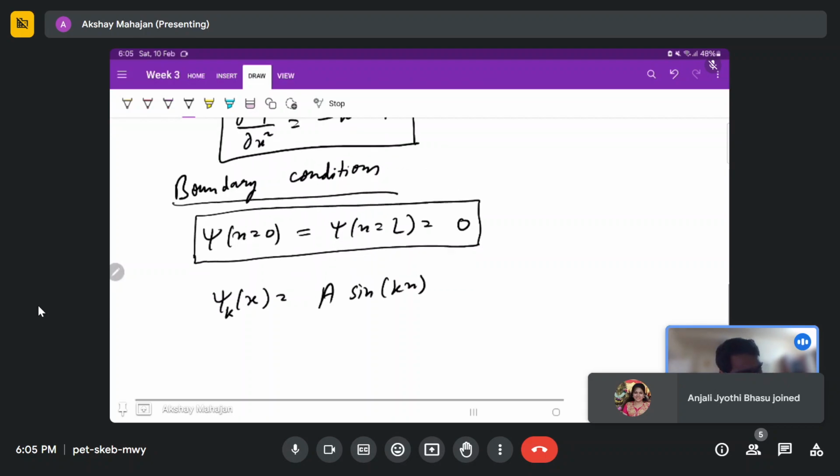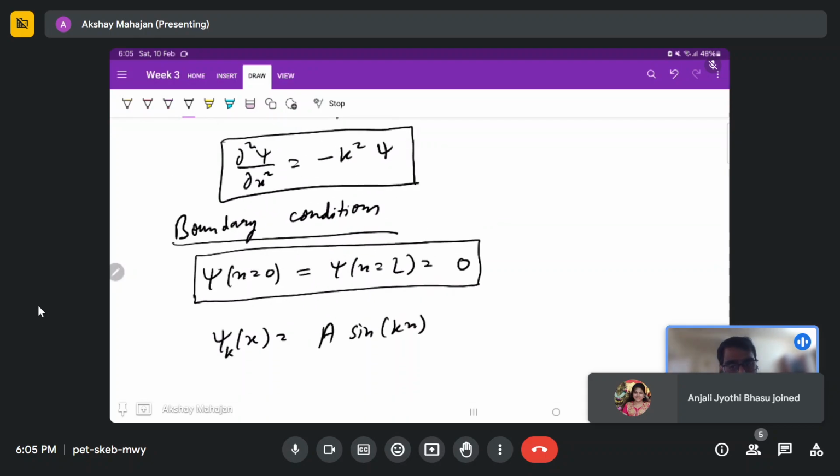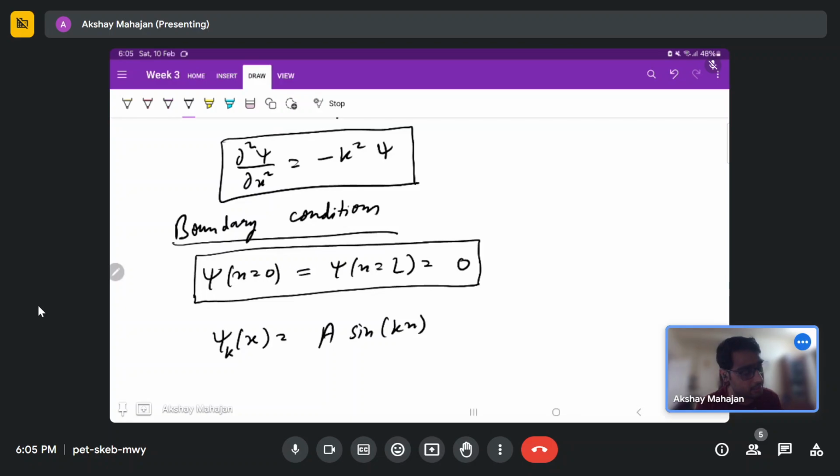You can check that this solution satisfies the equation and the boundary conditions for the particle in a box.